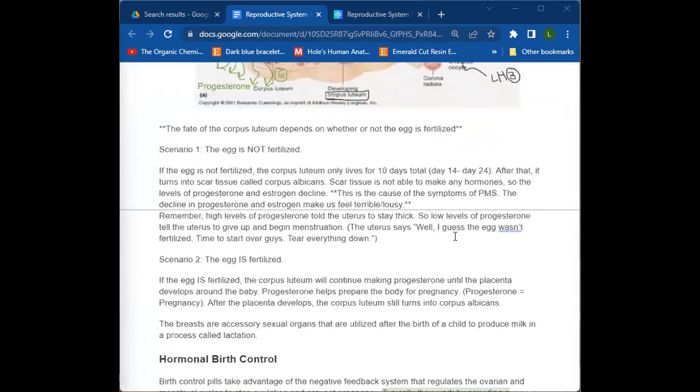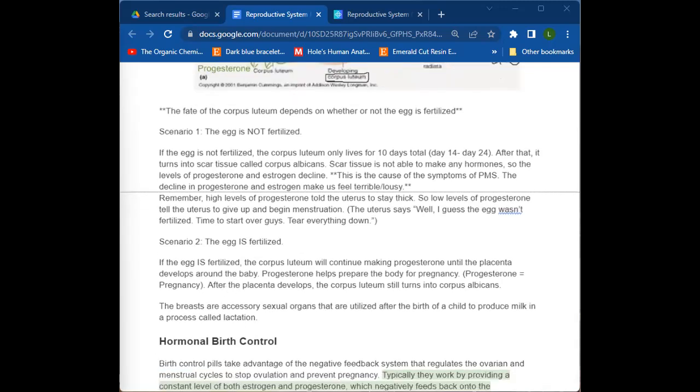Okay, and then the second option is if the egg is fertilized. So if the egg is fertilized, the corpus luteum will continue to make progesterone until the placenta develops around the baby.